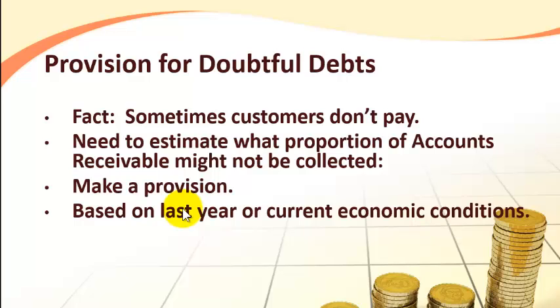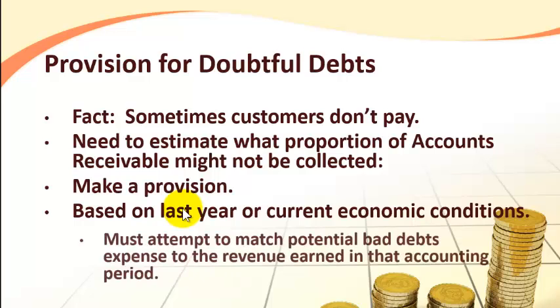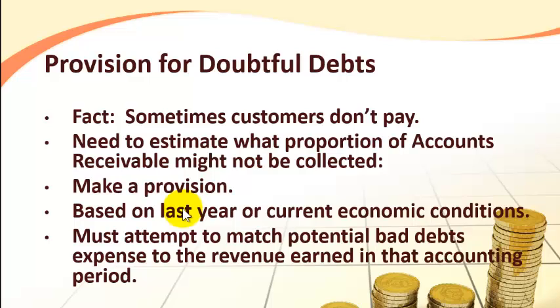The reason we do this is that we must attempt to match potential bad debts to the revenue earned in that accounting period. So accountants follow the doctrine of conservatism, which means they are conservative. Therefore, if they think that an asset value might be less or profit might be less, they must make some adjustment. And we're going to make an adjustment called provision for doubtful debts.